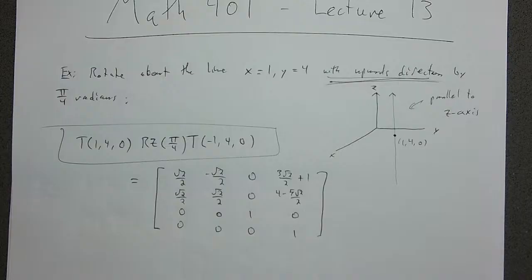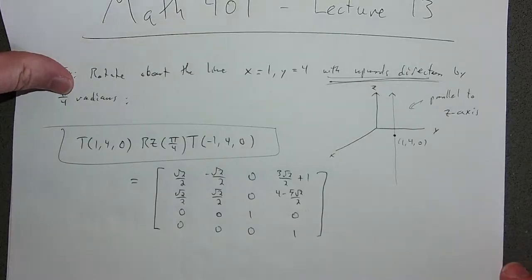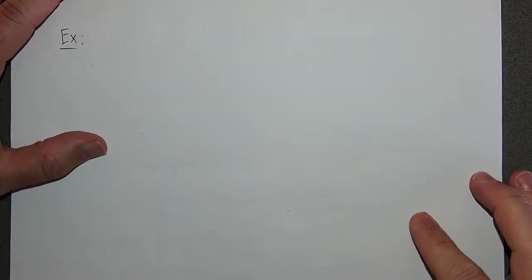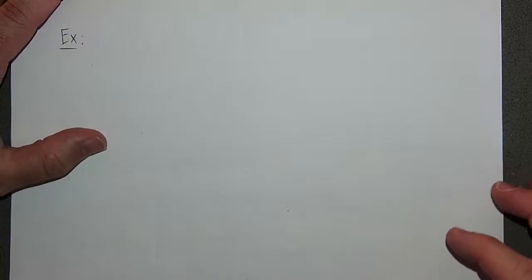Let's do one more example like this to see what we would do. So let's say that I want to rotate around the axis given by the following line.